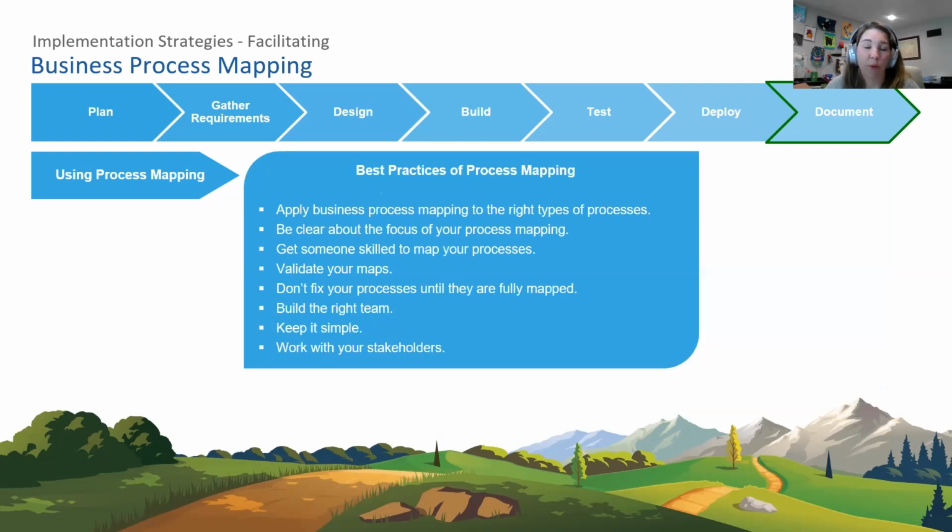And then here's just some best practices, because I feel like Salesforce has best practices for just about everything. But it was the couple of them that I thought was really interesting is don't fix your processes until they're fully mapped. And at first, when I was thinking about that, I'm like, well, don't you have to fix it and then document it? So you're not documenting it incorrectly. But then it kind of hit me.